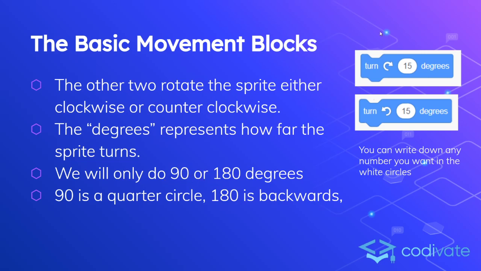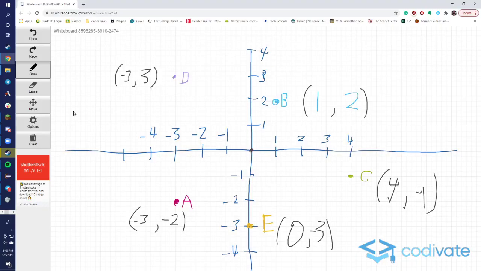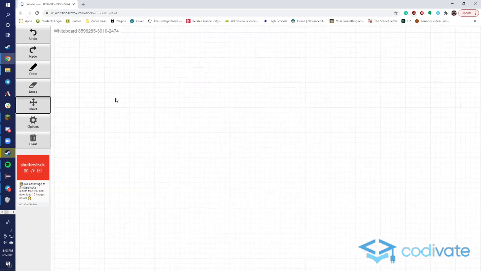So let me get the whiteboard out again. Actually, it's better to do a top-down view.